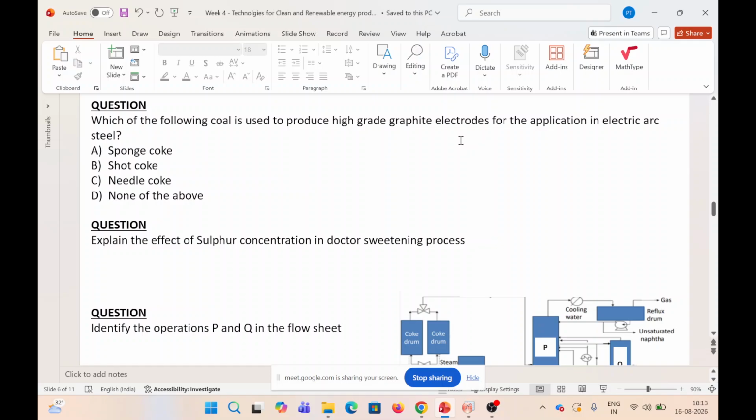Which of the following coke is used to produce high-grade graphite electrodes for the application in electric arc steel? Sponge coke, shot coke, needle coke, or none of the above.